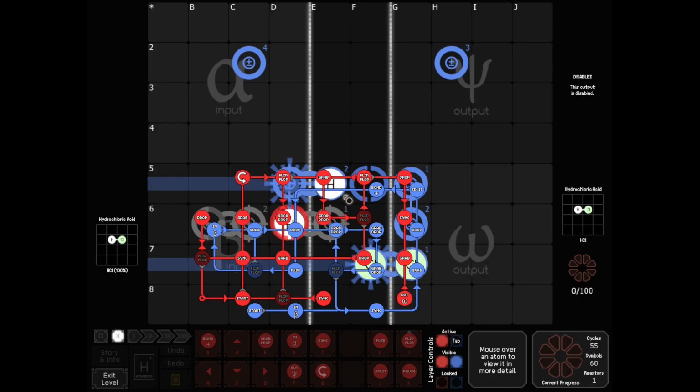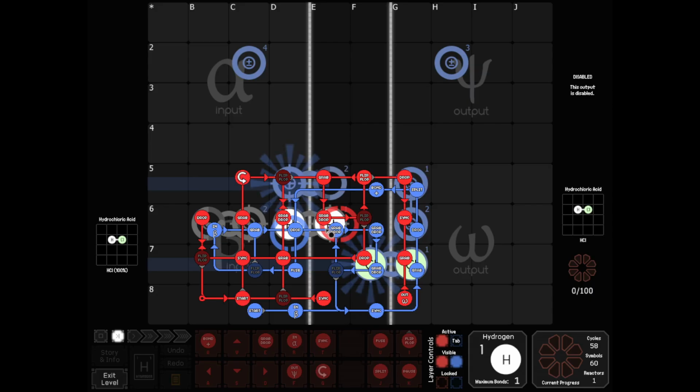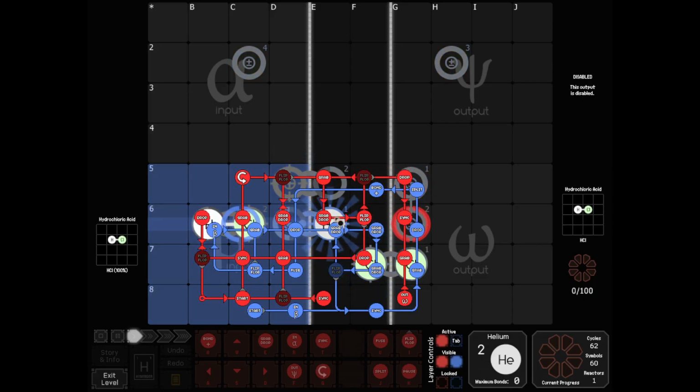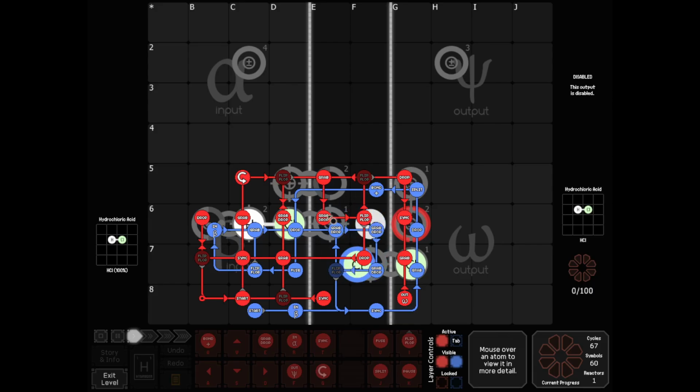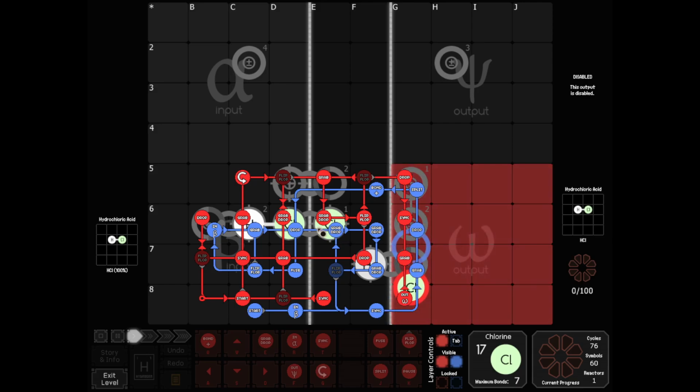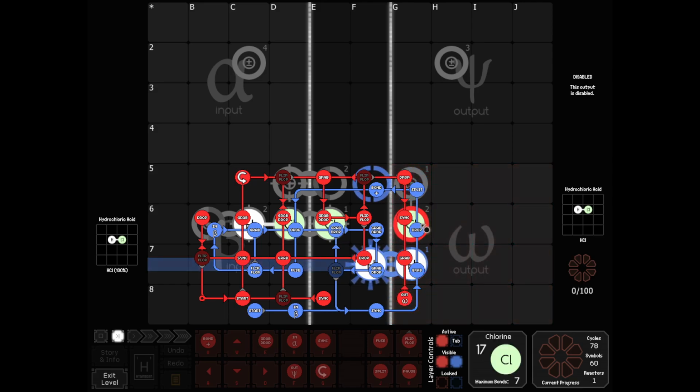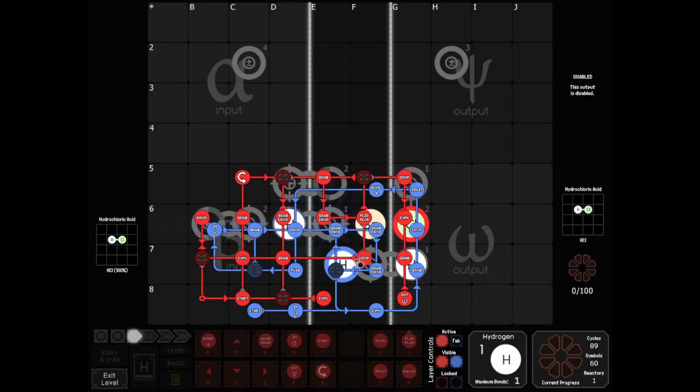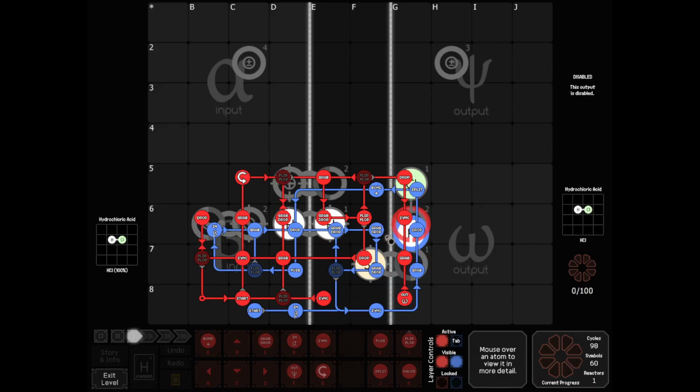So now there's hydrogen in there and chlorine in there. Red moves this hydrogen down into blue's loop. And then red is grabbing this and placing it up there eventually. Blue is swapping the middle atoms around to fuse and split accordingly.